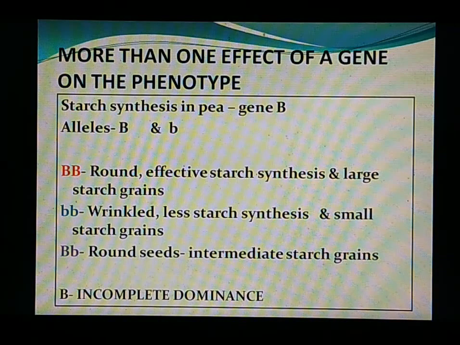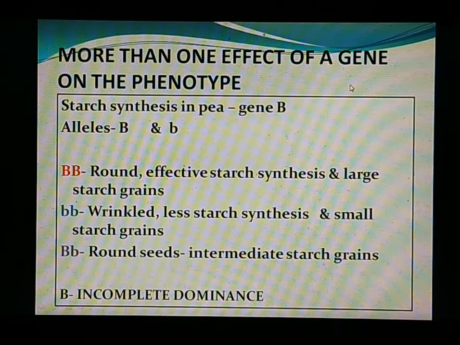So there are some genes wherein a gene will have more than one effect on a phenotype. Here one example which has been taken is starch synthesis in peas, which is because of gene B. We know that alleles are always in pairs, so one we'll consider as capital B, another as small b.